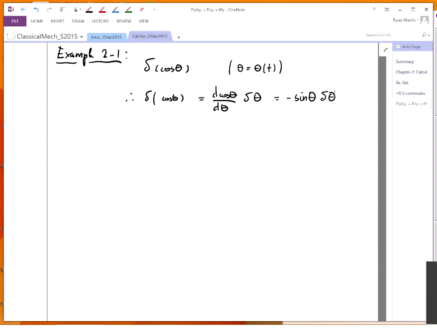Okay, so what if our function above was a function of multiple functions?